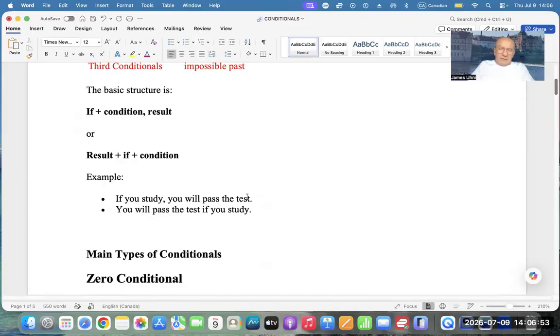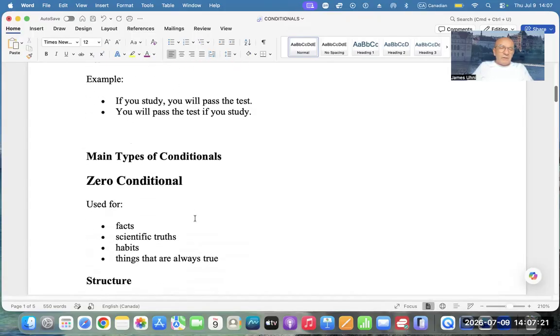You will pass the test is an independent clause. And so they are divided by a comma. But you will pass the test if you study is a simple sentence, one clause, and there is no worry about where the comma could be or should be because there is none.